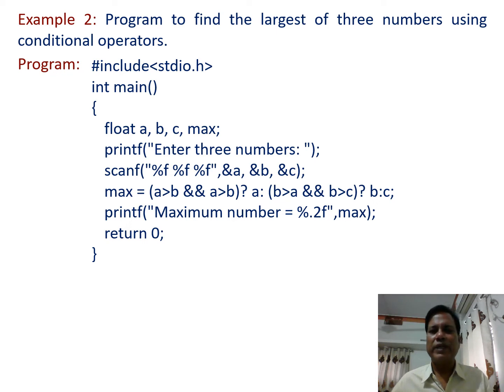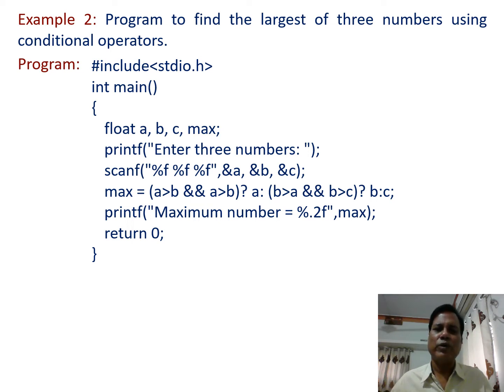Then the printf statement: maximum number = %.2f. The value of the max variable resulting from the conditional operator gets printed at the point of %.2f. This format specifier prints the resulting value up to 2 digits after the decimal point.